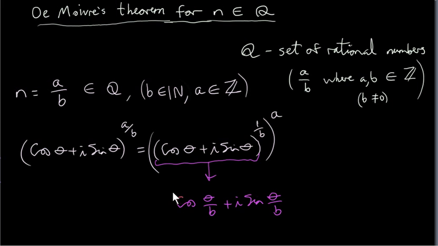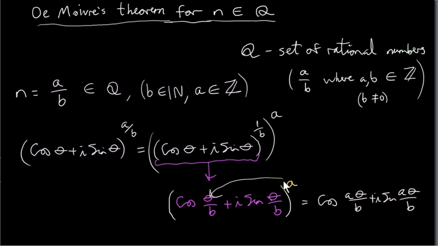And now we want to take this and raise it to the power of a. But a is an integer. It could be a positive or negative integer. And we proved that de Moivre's theorem also holds when the power is an integer. So we can multiply a in here. Multiplying a in, we get cos(aθ/b) + i sin(aθ/b).